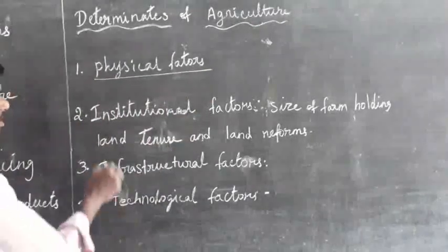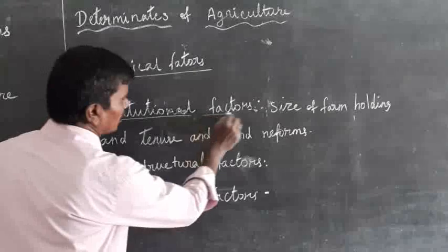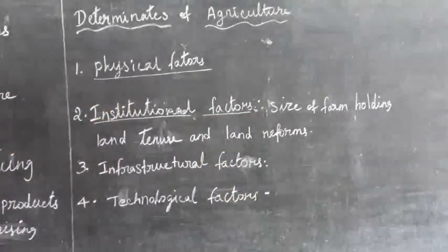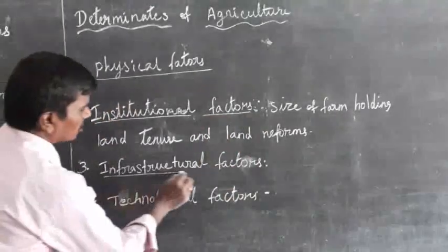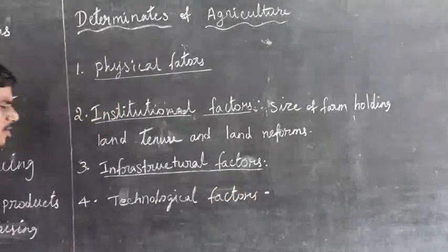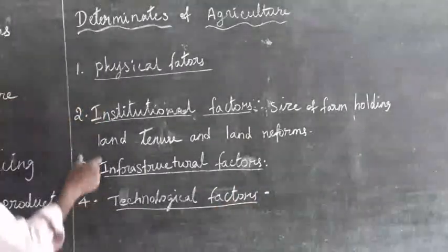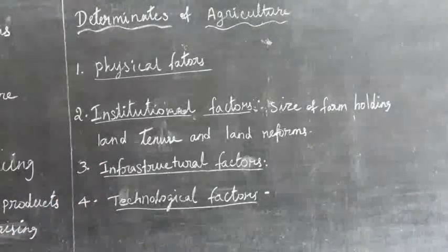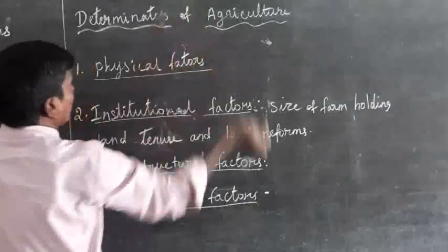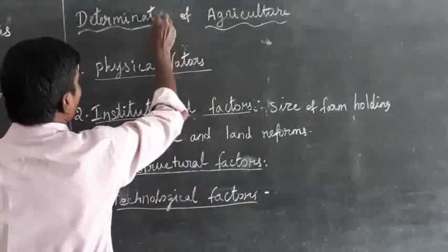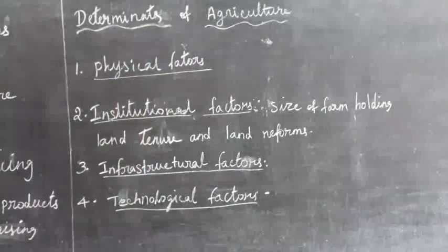Second is institutional factors. Third is infrastructural factors. Fourth is technological factors. These four are of main importance for the determinants of agriculture.